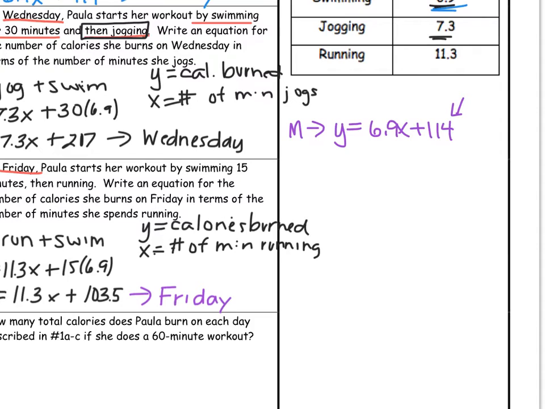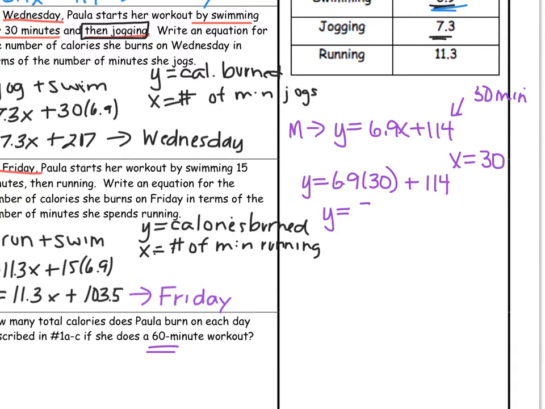So if she did a total of a 60-minute workout, she is going to swim for 30 minutes, because 30 plus 30 is 60. So for Monday, we plug in 30 minutes for swimming and add it to the calories she burned for 30 minutes of biking. When we work that out, her total calories burned on Monday were 321 calories.